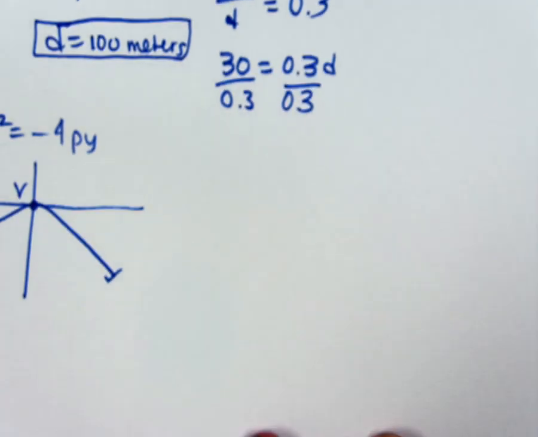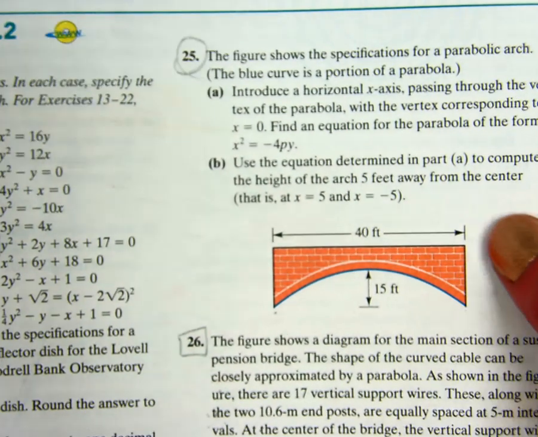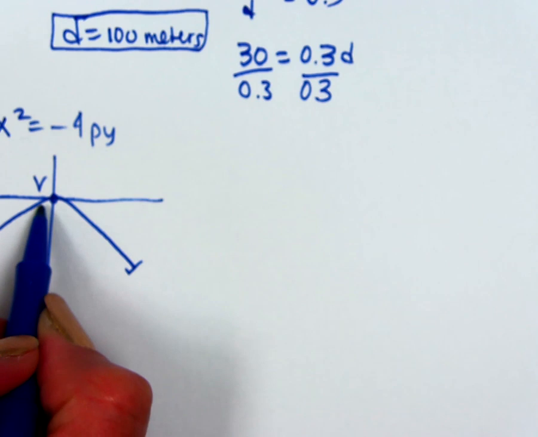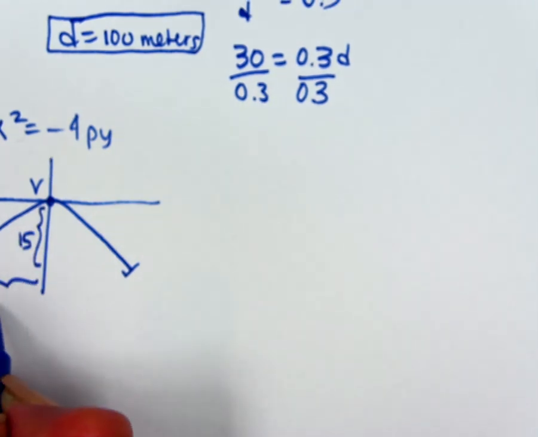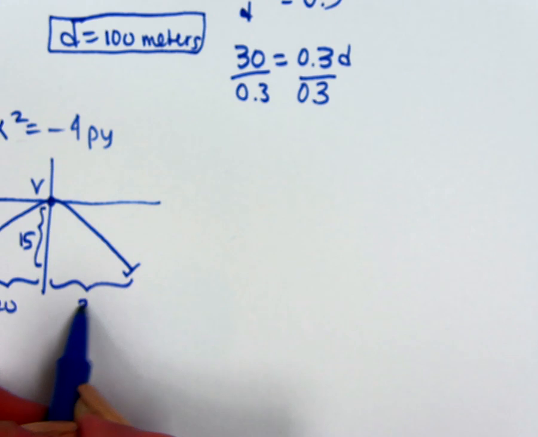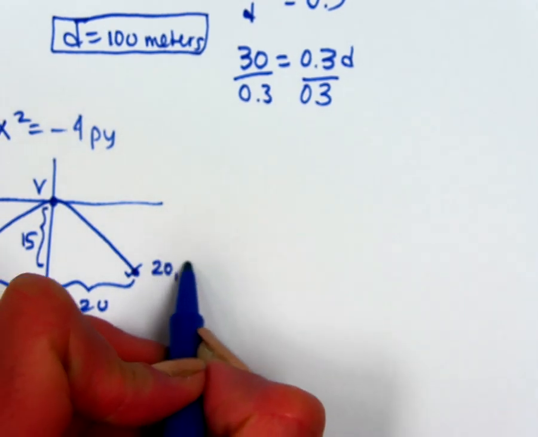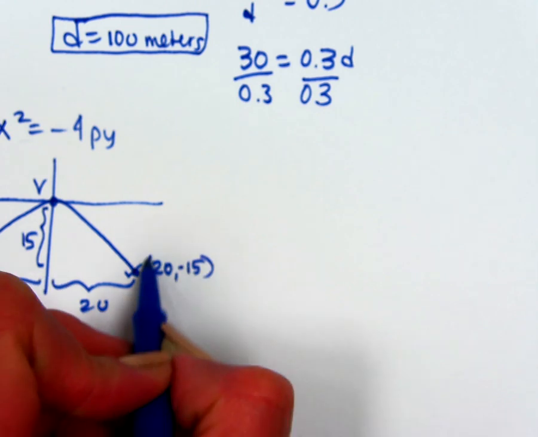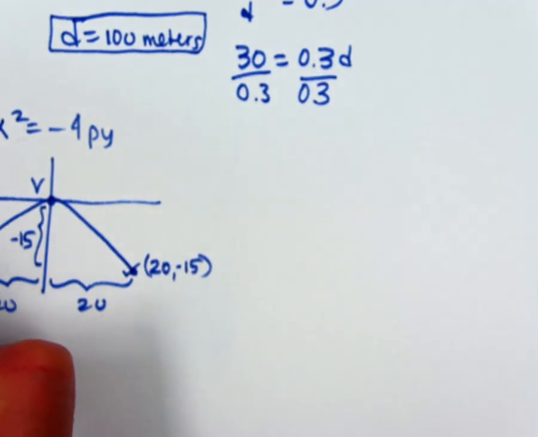All right, now according to this diagram, this is 15, and all the way across is 40. So if this distance is 15 and all the way across is 40, this must go to negative 20, and this must go to positive 20. So a point on this parabola would be 20, comma, negative 15. Right? And this point, because this goes down 15, would be negative 20, comma, negative 15.